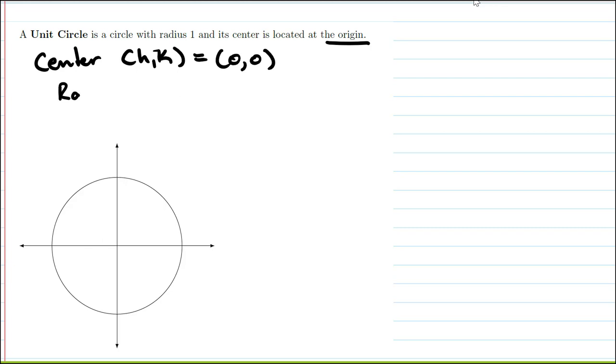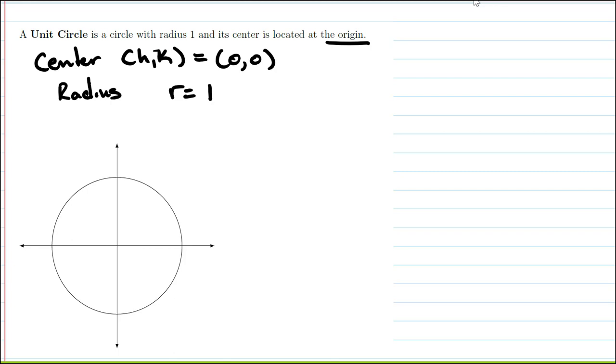So if we think all the way back to chapter 1, we know that the center of a circle is located at the point h, k. And in this case, since it's at the origin, that means our center is the point 0, 0. By definition, a unit circle has radius 1. So if our radius is equal to 1, that tells us r is equal to 1.